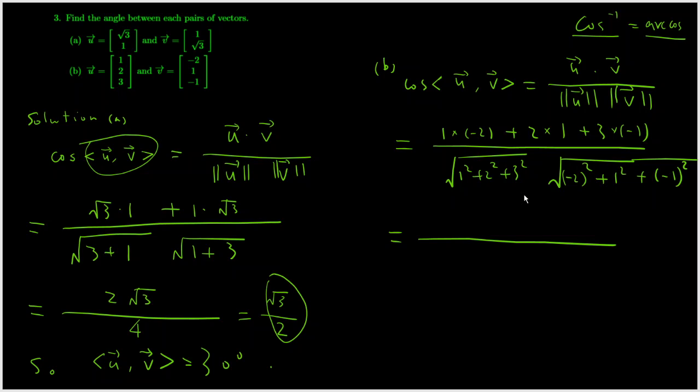Anybody want to tell me the numerator, please? It's -2, and then plus 2, 0, and on top, I think you have -3 on the numerator. So correct me if you see anything wrong, okay? And on the denominator, the length of u is 1 plus 4 and then plus 9, 14, square root of 14.